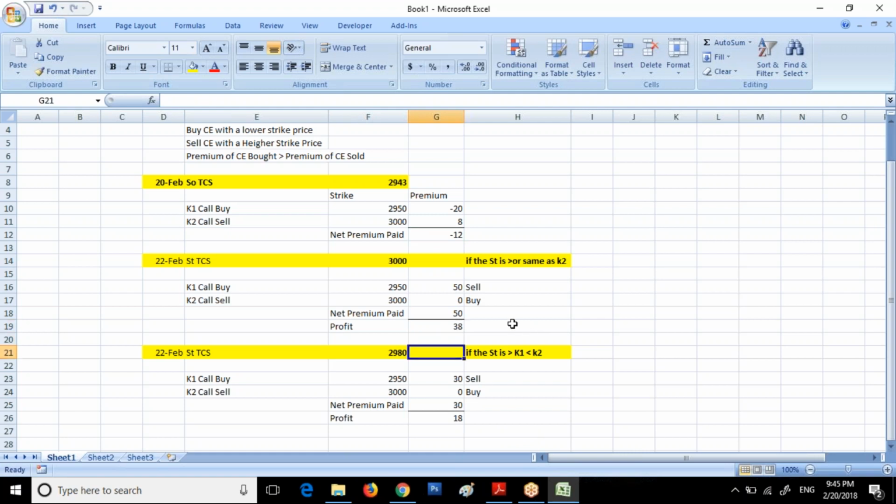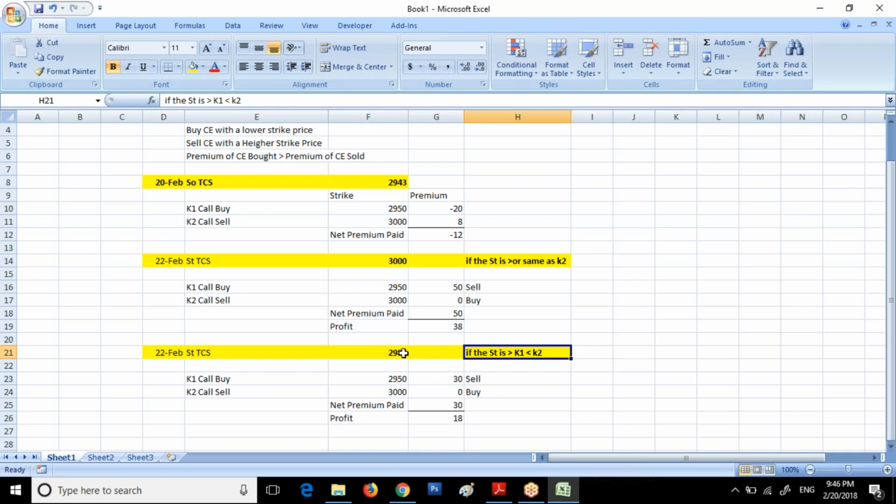Right? So here, if ST is greater than K1 and less than K2, ST means the expiry price, the spot price on the date of expiry, is greater than the lower strike price call option and less than the higher strike price call option.